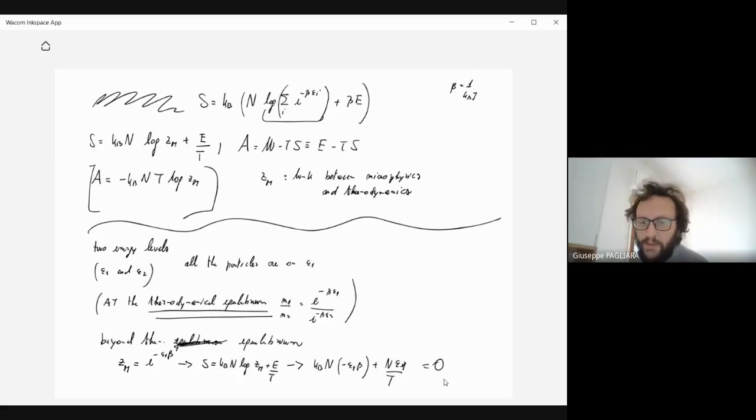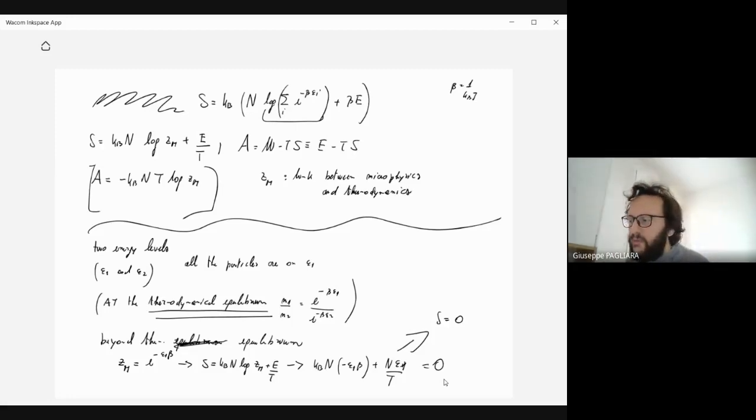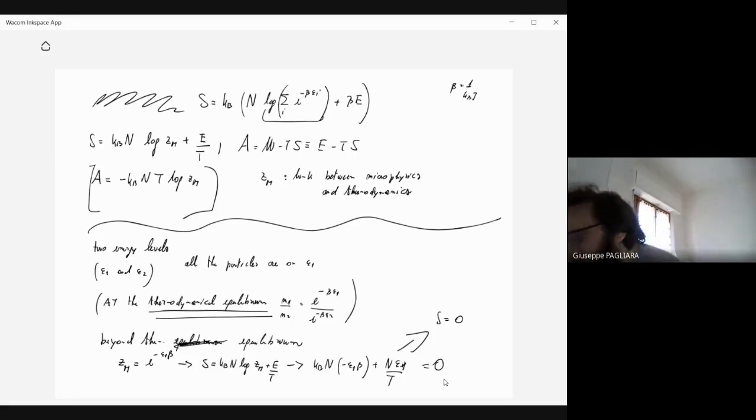Okay, so that means that if all the particles are in epsilon 1, the entropy, which is not the thermodynamical entropy, because I'm considering the situation out of equilibrium, if you want, is basically the Gibbs or Shannon entropy. So S is equal to 0. Which is also interesting from the interpretation point of view, in the sense that if all the particles are in just one energy level, then it is the situation of maximum order, now they are all in the same level.